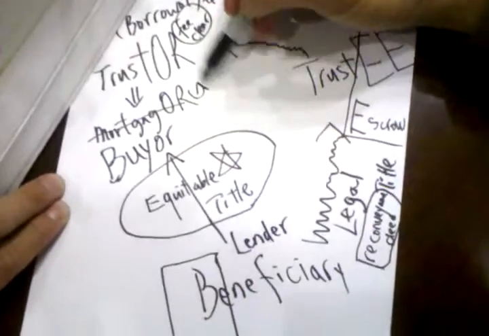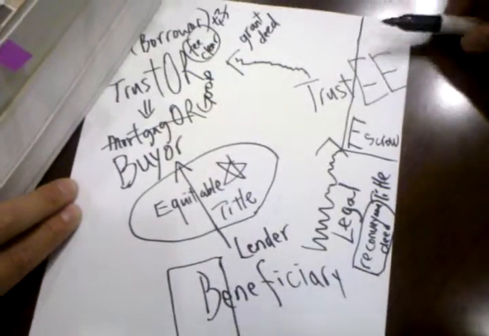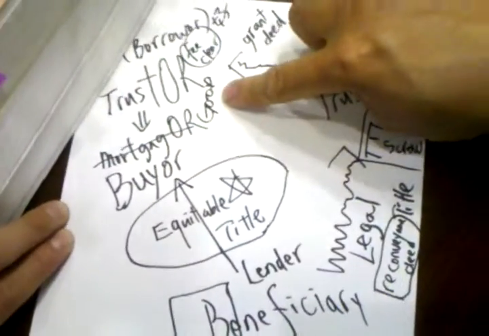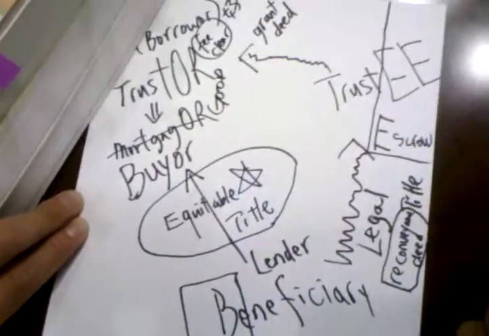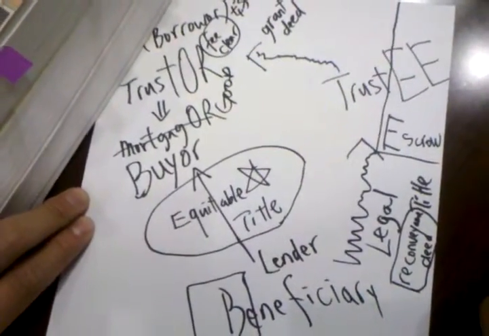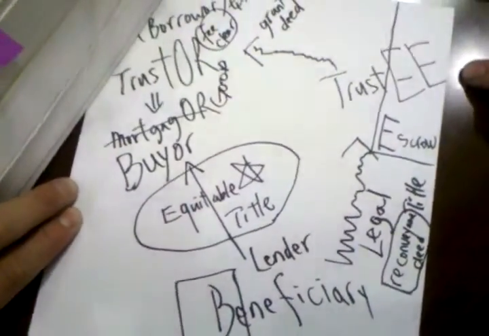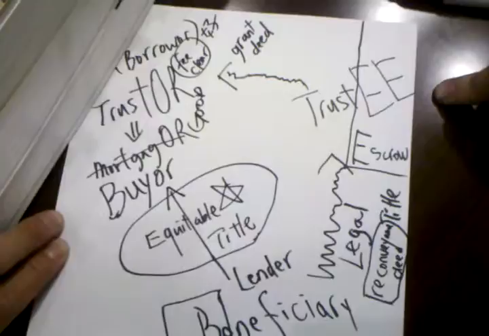However, let's say it is not a good ending. Then it will be truster who defaults, does not pay enough money to the beneficiary. And then beneficiary is going to tell the escrow, I need a sale. And what do we call that sale? Foreclosure.